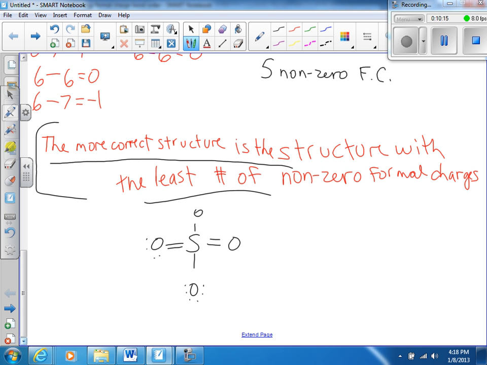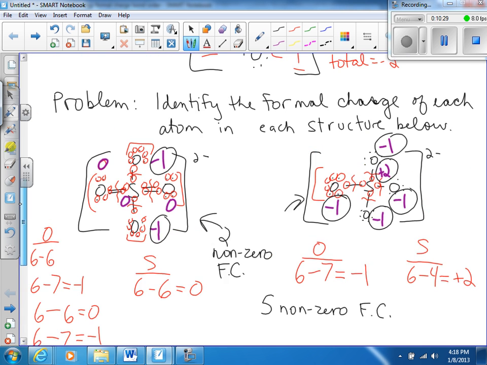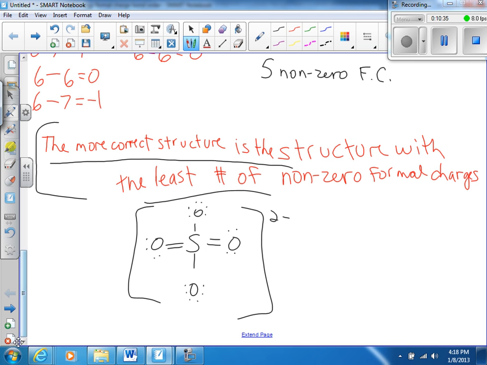Now, this structure does not follow our rules for drawing Lewis structures. And on a test, if you were drawing sulfate, I would expect you to draw it the way I had it drawn on the right. You're not expected to memorize that this is a possible structure.